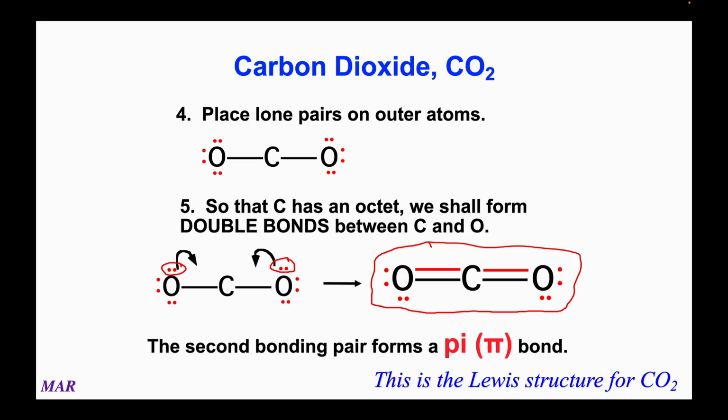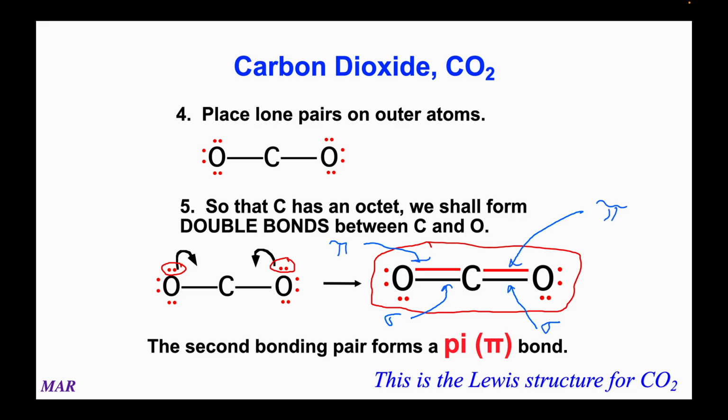The second bond that we drew, the red lines right there, those are technically called pi bonds. So we made a pi bond between the outer oxygen and the central carbon. And the first line we drew, those are technically sigma bonds. So a double bond is technically a sigma plus a pi bond.